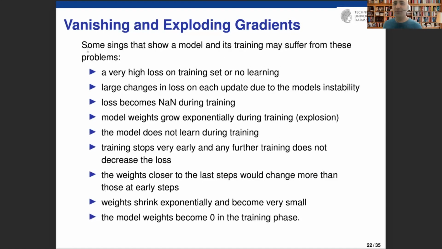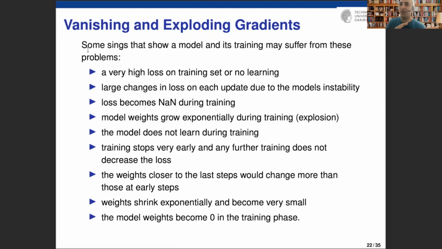Okay, but how should you know if your model faces these problems? There are some symptoms that you can recognize if you have vanishing or exploding gradients. For example, the first sign is that you see a very high loss value on the training set at different iterations.